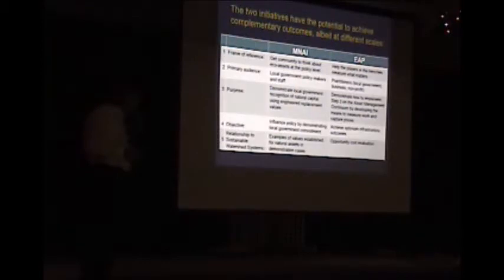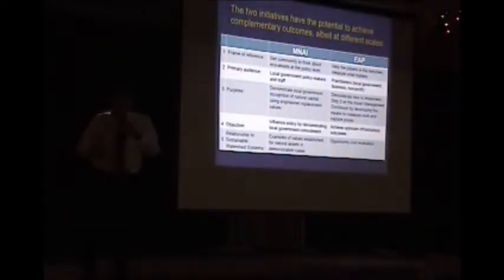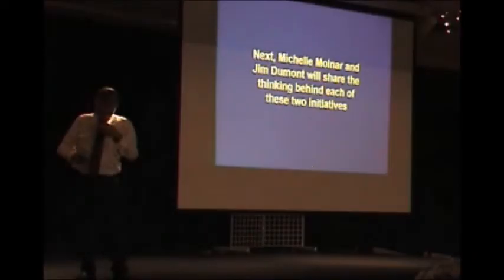EAP, achieve optimum infrastructure outcomes. Jim Dumont will elaborate. The relationship to sustainable watershed systems: with MNAI, establishing those examples of values established for natural assets in demonstration cases. On the other side, opportunity cost evaluation. So with that warm up, come on stage.